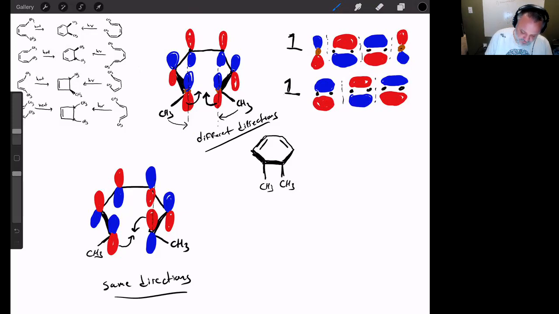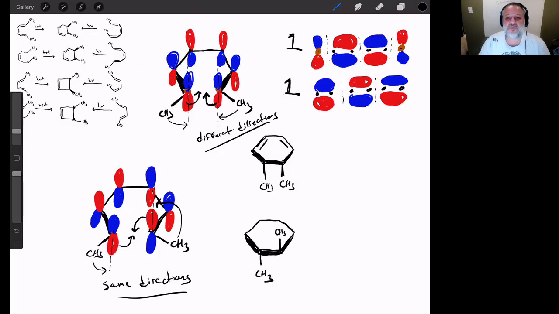Well, what that means is that this CH3 group would rotate up to that position, and this CH3 group would rotate down to that position. So when I draw the resulting sigma bond in the three-dimensional projection, this guy ends up pointing up, and this guy ends up pointing down.